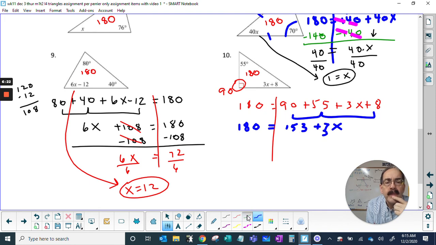Okay, the opposite of a plus is a minus. So we'll subtract 153 from both sides. We accomplished our goal. 153 minus 153 went away. We still have our 3x.